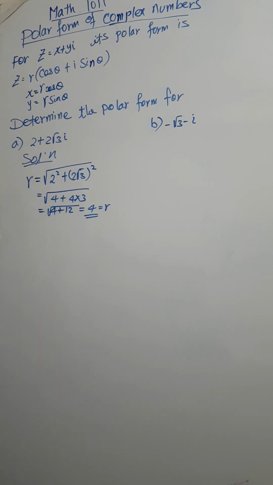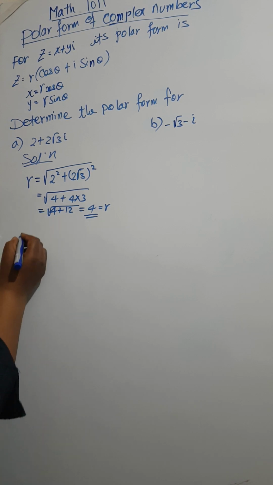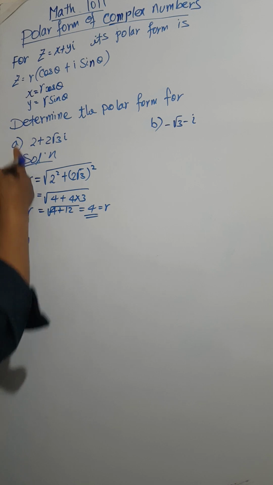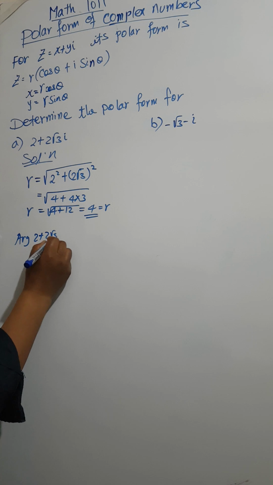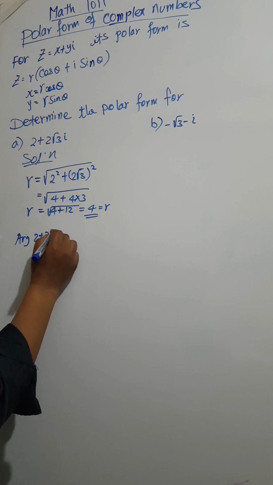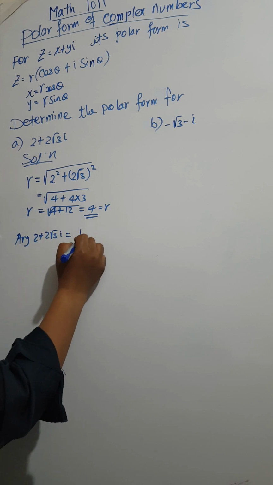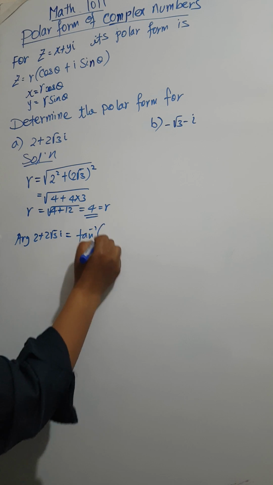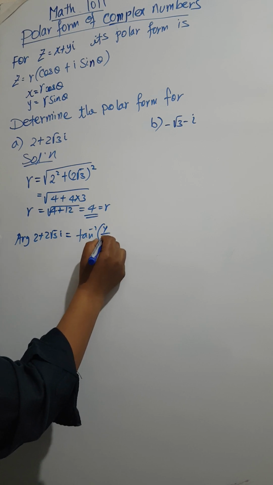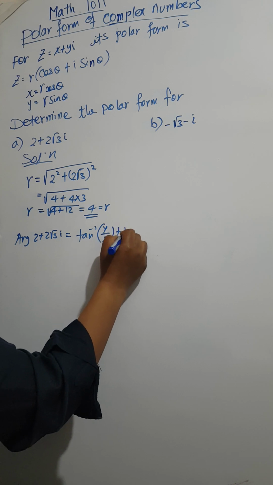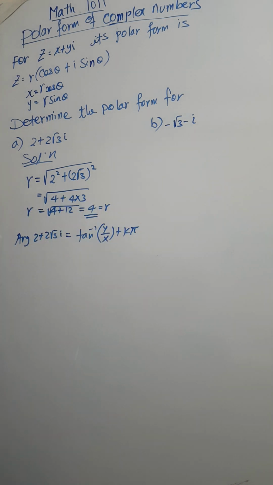Next we determine theta, the angle, which is the argument of this number. The argument of 2 plus 2 root 3i is equal to tan inverse of the imaginary part divided by the real part, plus k times pi.